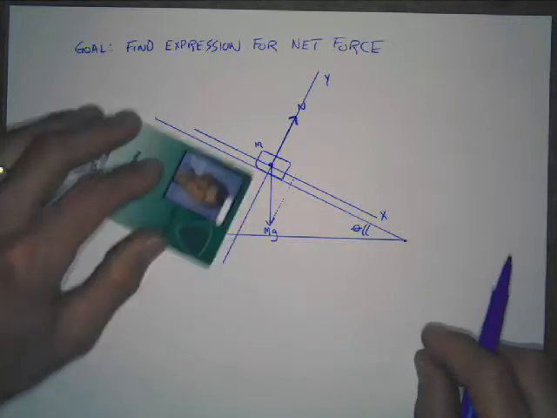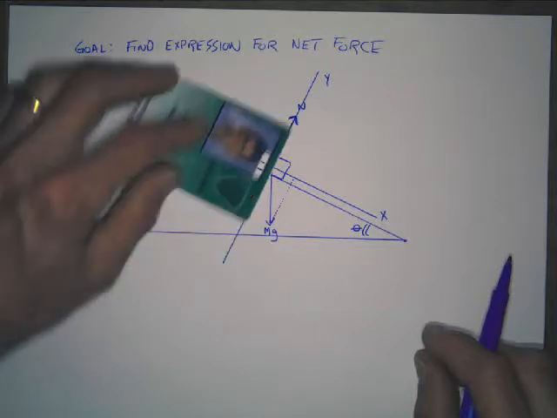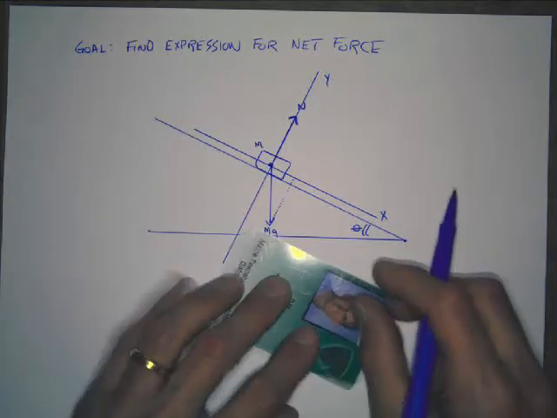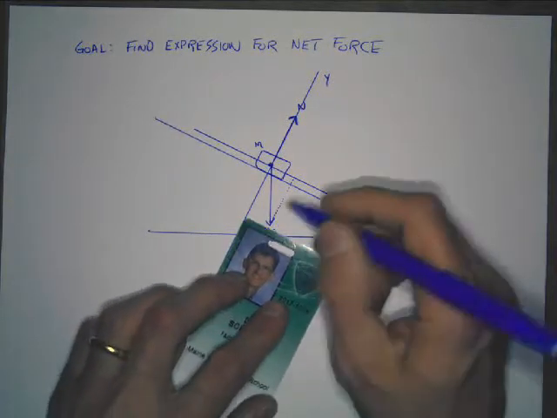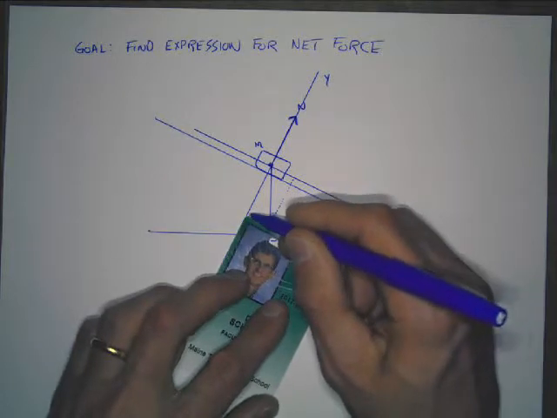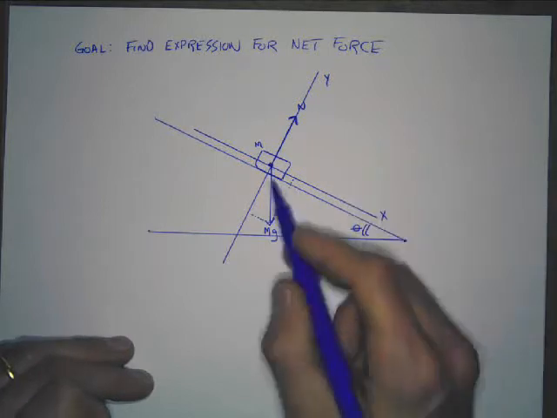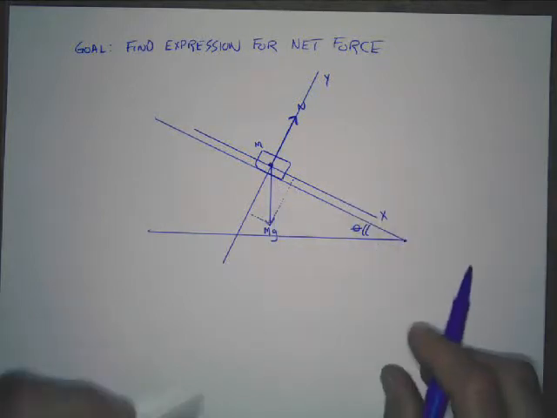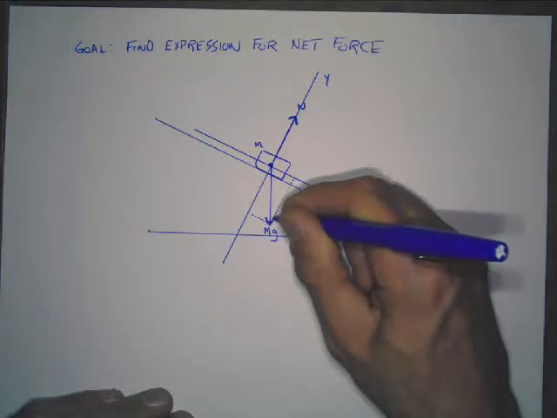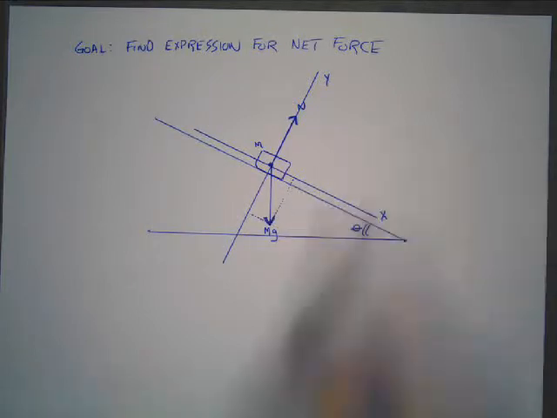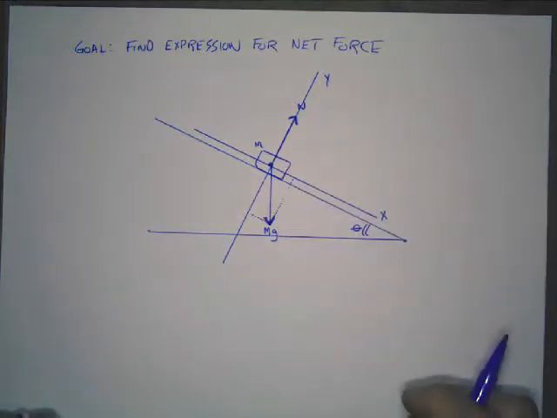I'm going to do the exact same thing over here. I'm going to complete the box right there. So now I have this rectangle in here, and the weight vector is my diagonal. Okay.